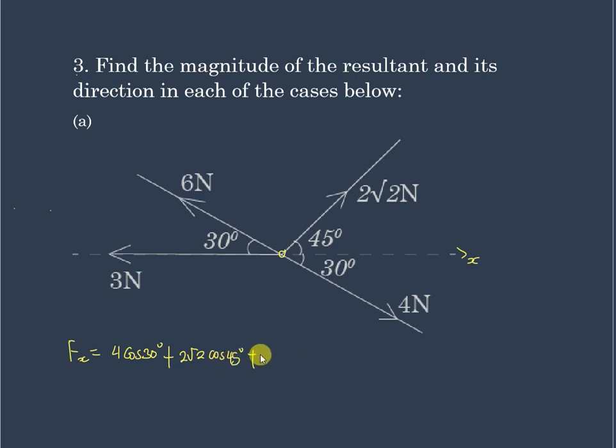Then we add on this one, which is 6 times the cosine of 150 degrees, the angle which this force is making with the positive x-axis. I told you we take angles with respect to the positive x-axis.